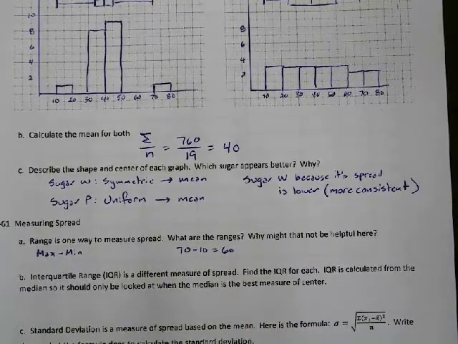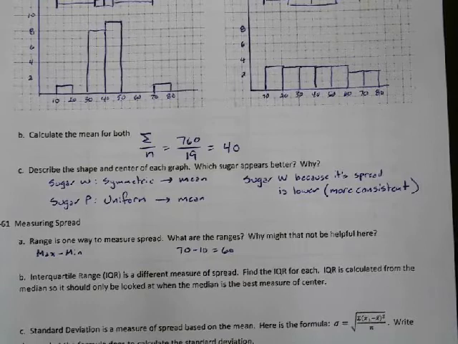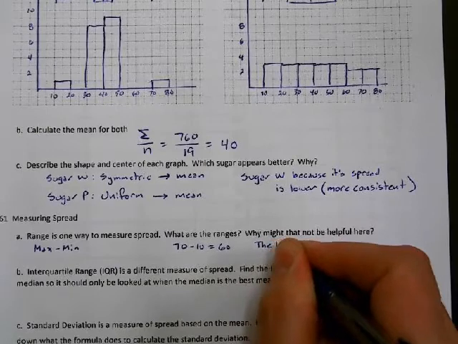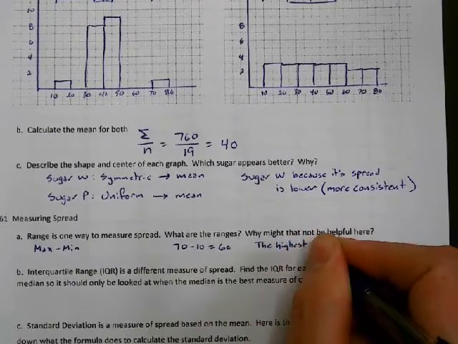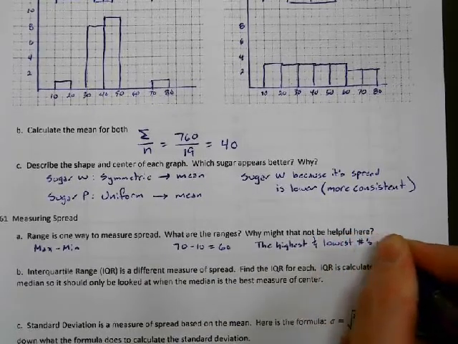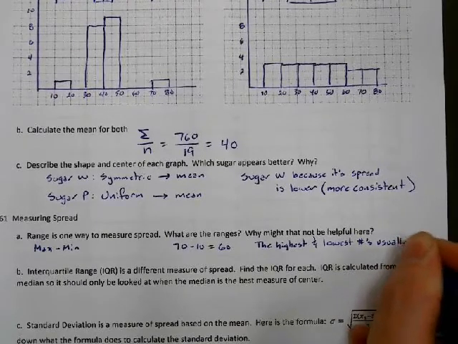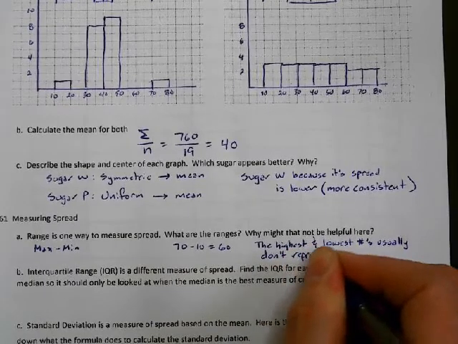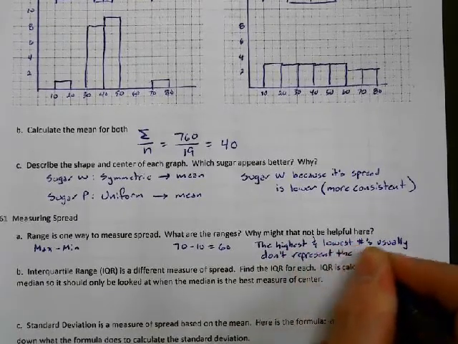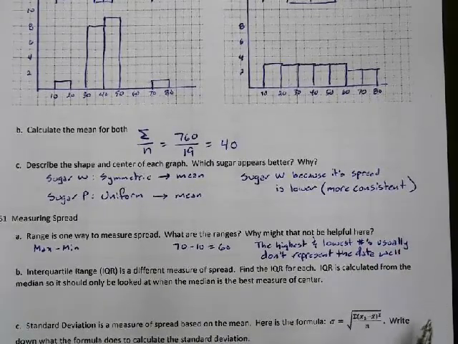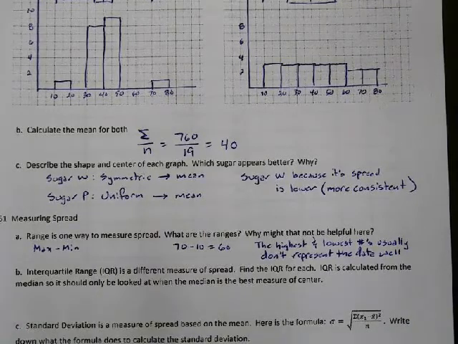So generally, we don't use the range, because the highest and lowest numbers usually don't represent the data well. Usually we'll want to look at the middle of our data. That's usually where our best data is, somewhere sitting in the middle.